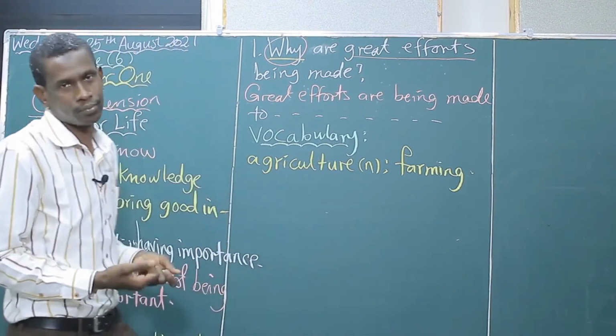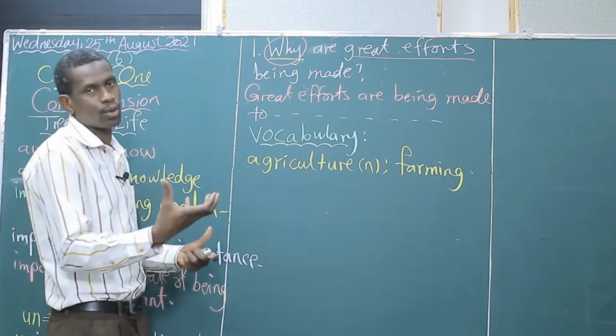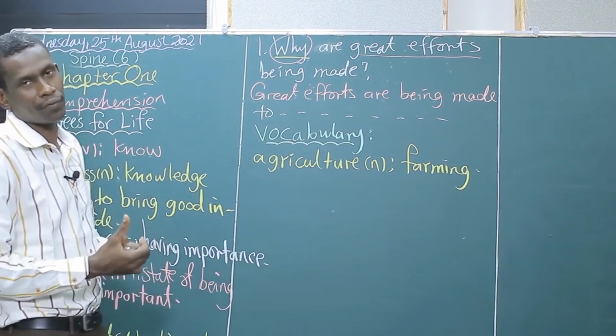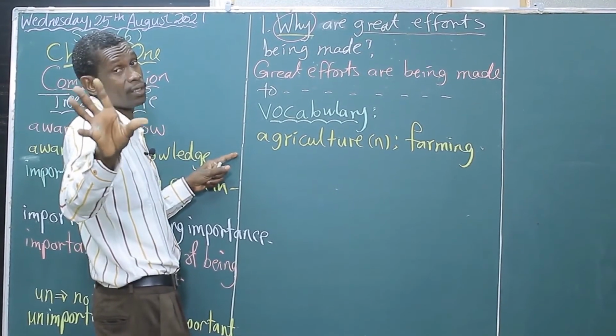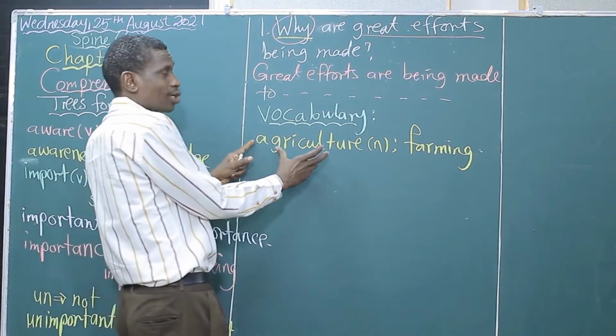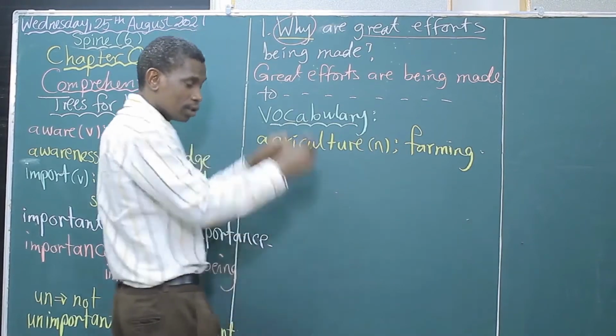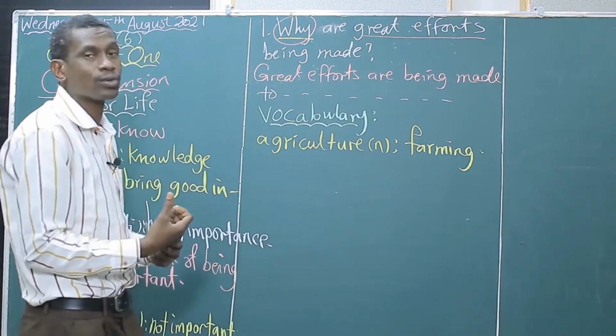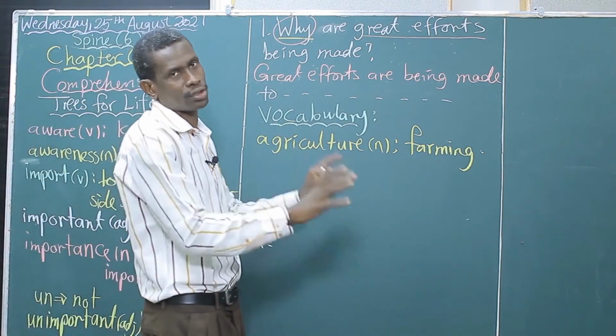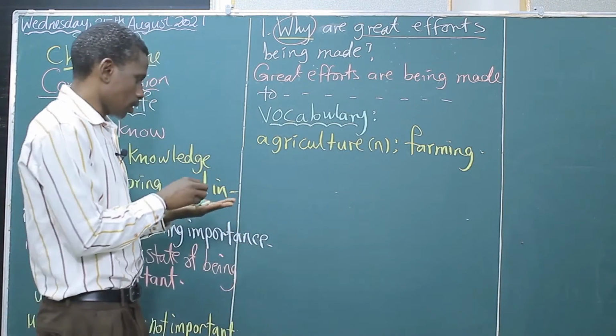That means agriculture. You grow plants and then you harvest them and then you take them to the market. But I'm not talking about taking the crops to the market. I'm talking about agriculture. It's the process of farming, digging the earth, digging the land, and grow something and look after it. This is agriculture.